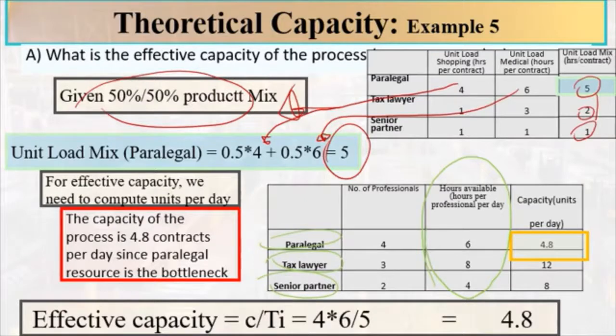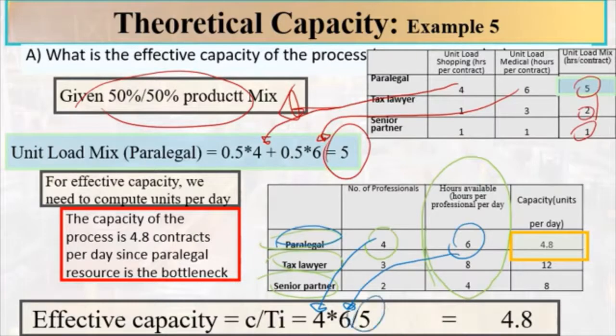So when we calculate the effective capacity, we're going to take the number of professionals, starting with the paralegals, which is 4. Then we multiply it by 6. This is new. We multiply by 6 because each resource pool is working different hours.